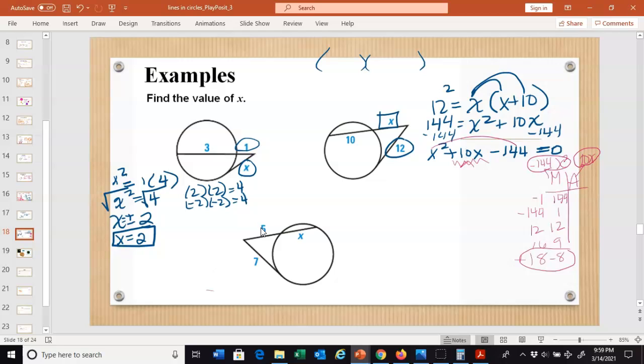So we replace the middle term with those two numbers, 18x and negative 8x minus 144. Now we can factor by grouping. So group the first two and group the second two. And let's see what these first two share. What is the greatest common factor of the first two terms? They both share an x. So we're going to take out an x, meaning we're going to divide each of these by an x and see what's left. So the first term, there's an x left. Second term, there's just 18.